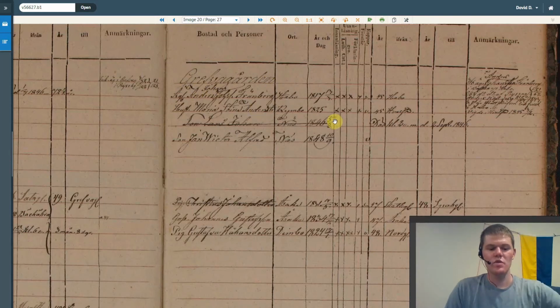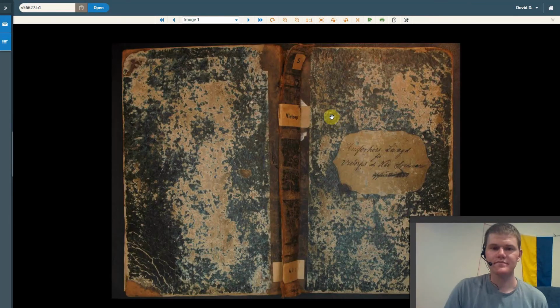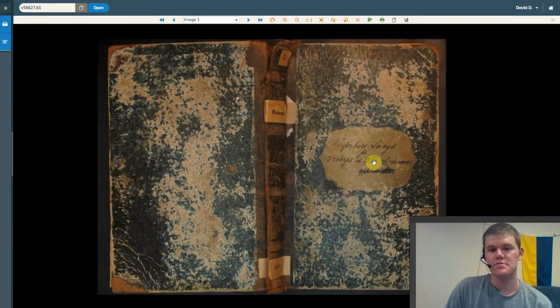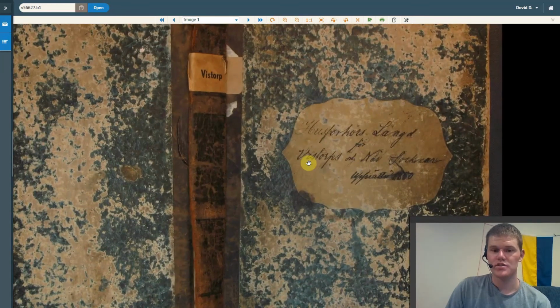And so what we're going to want to do is go to the next household examination book, the one that covers the next year range, and find her in this exact same village. So this book right here is the one that's the next year range. And this book itself covers several different parishes, Vistorp and Nass.